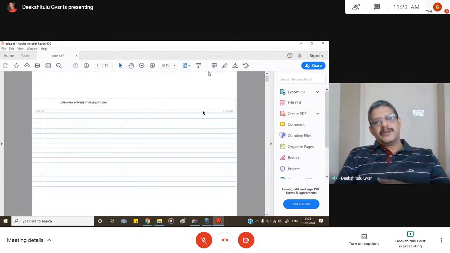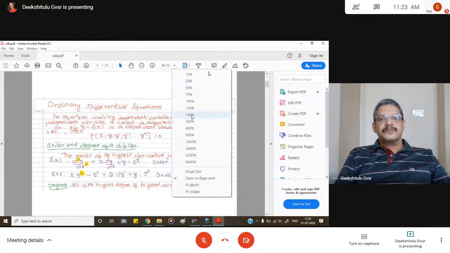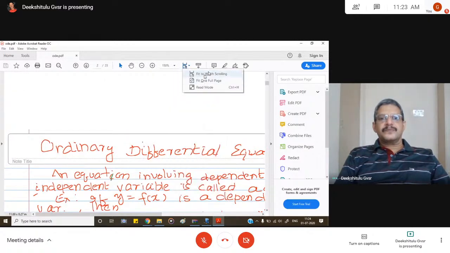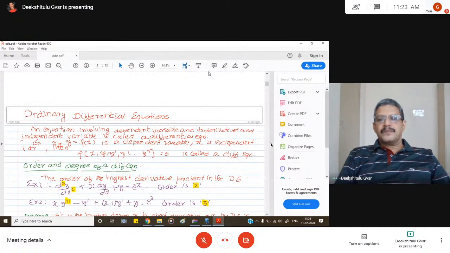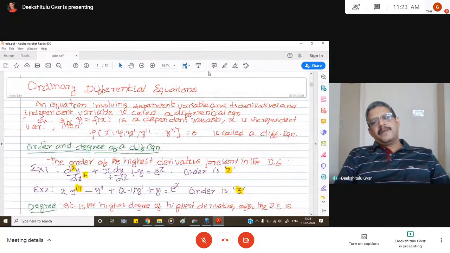So ordinary differential equation. So what is an ordinary differential equation? An equation involving the dependent variable and its derivatives and independent variable is called a differential equation.